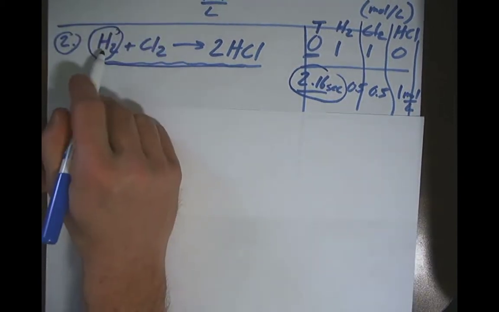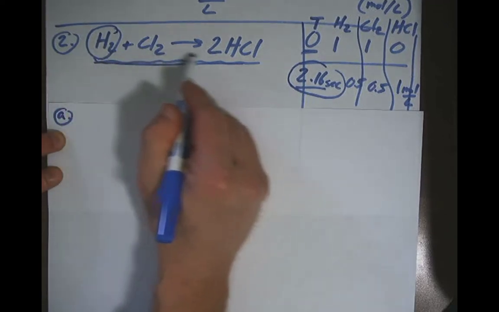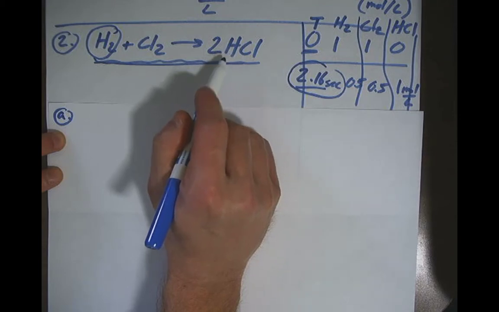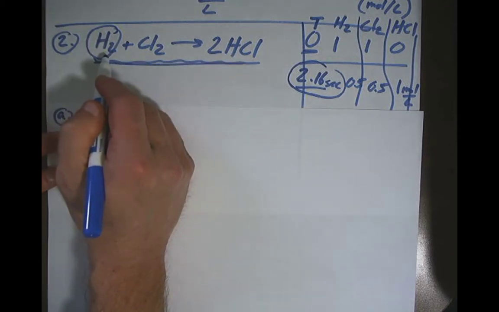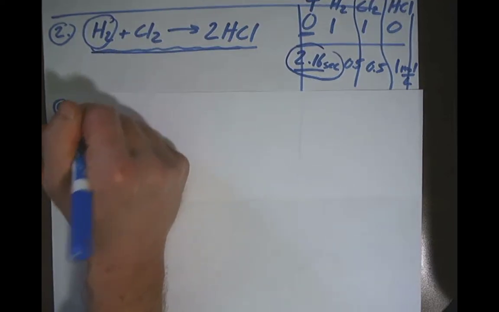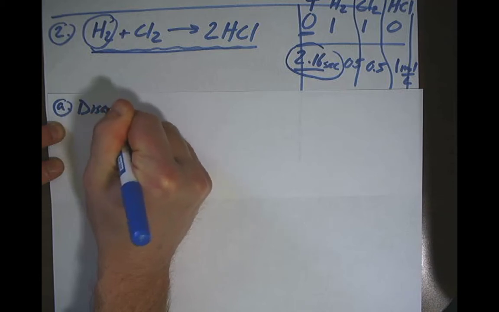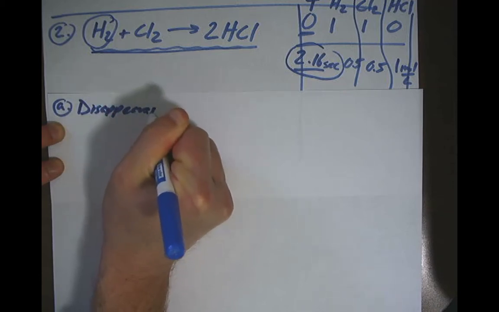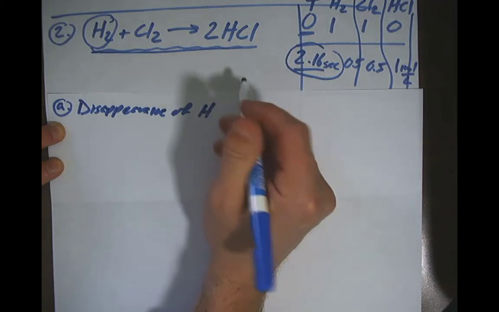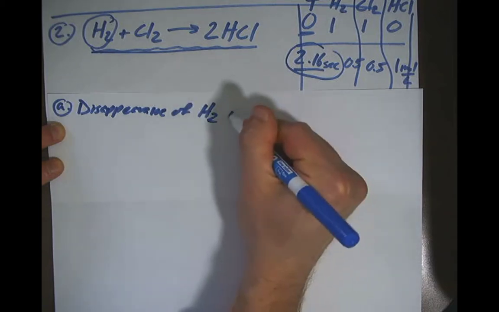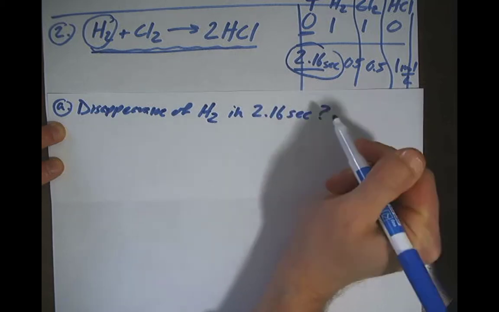So in other words, as this reaction proceeds, you start with more hydrogen, and as it continues into hydrogen chloride, of course, more and more of this is going to disappear. So what we're wondering is about the disappearance of H2 in those first 2.16 seconds.